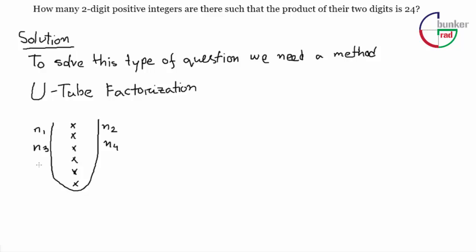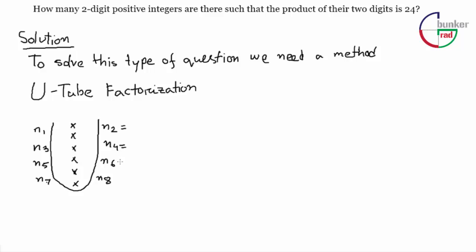So for example, if we put n1 and n2, it gives our capital N, the desired value. Similarly, n3, n4 and n5, n6 and n7, n8 and so on. And we will do this till the difference of these two values is close to 0, or in that case the minimum value.